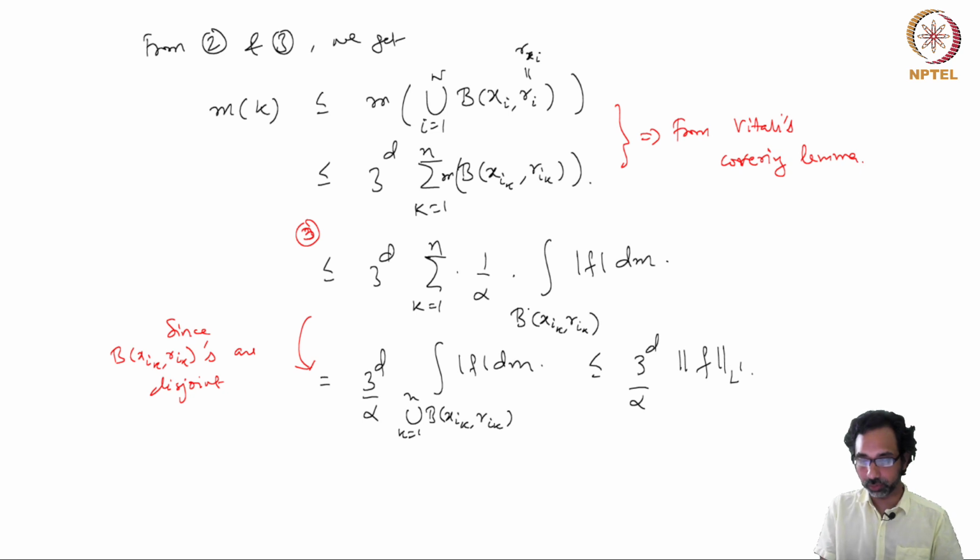So this is what we wanted to prove, that any compact set K satisfies this inequality. So K was a subset of A_alpha, and now by inner regularity we get the result.